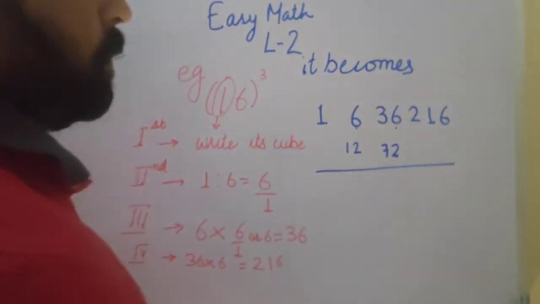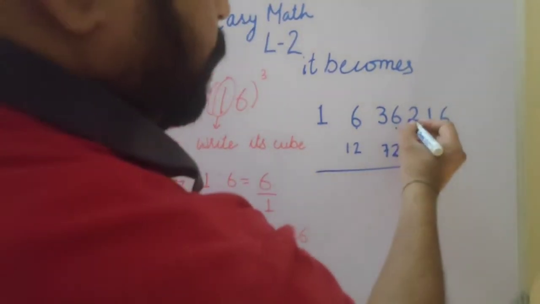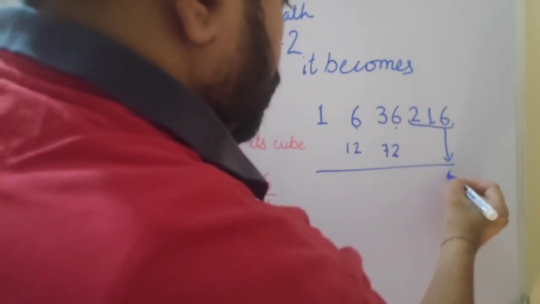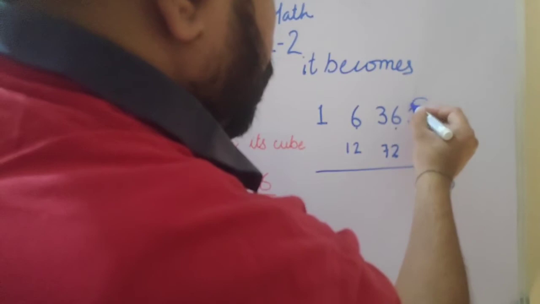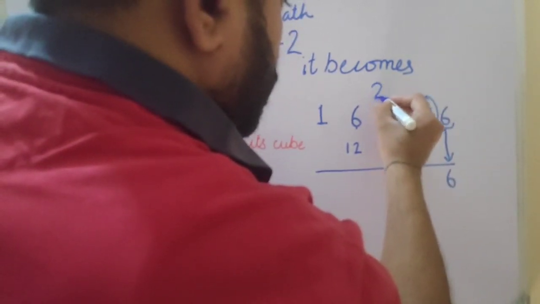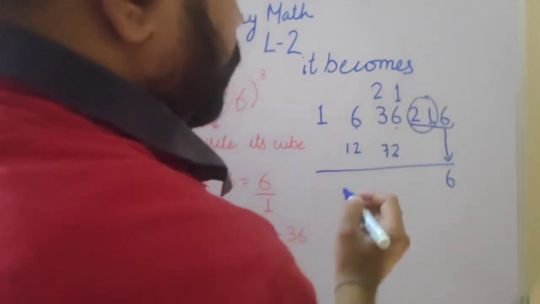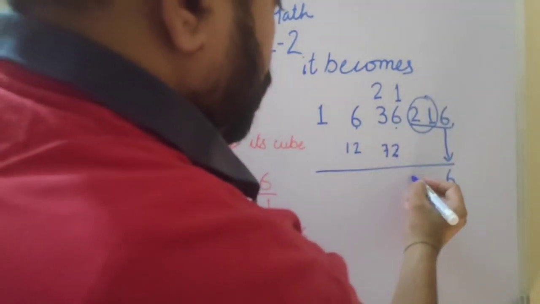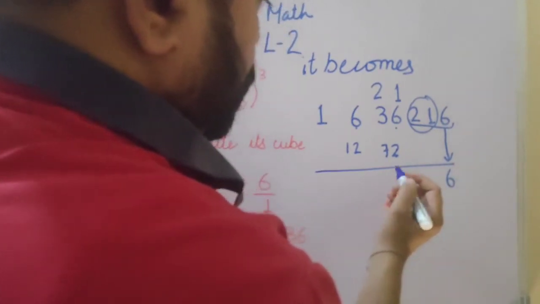Now of the last number 216, we take the first digit and write it down, and 21 we take and write above that, and we add all these numbers like 21, 36 and 72. So 6 plus 2 plus 1 becomes 9.